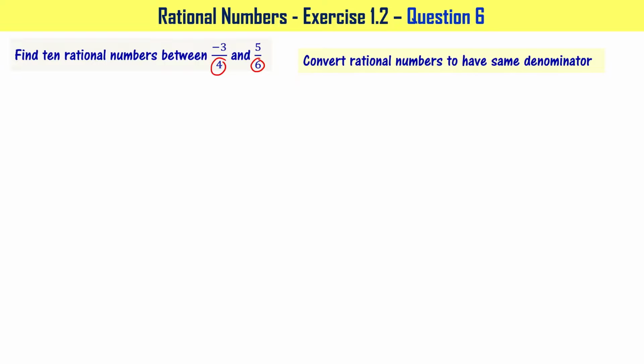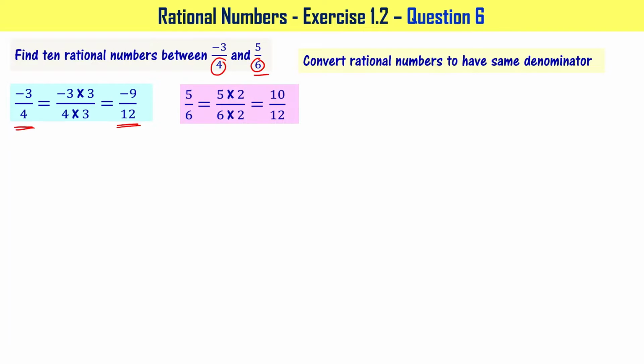Let me multiply minus 3 by 4 with 3 in both numerator and denominator. When I do that, numerator becomes minus 9 and denominator is 12, right? So the rational number minus 9 by 12 is exactly equal to minus 3 by 4, right? Now let me multiply 5 by 6 with number 2 in both numerator and denominator, so that it becomes 10 by 12.